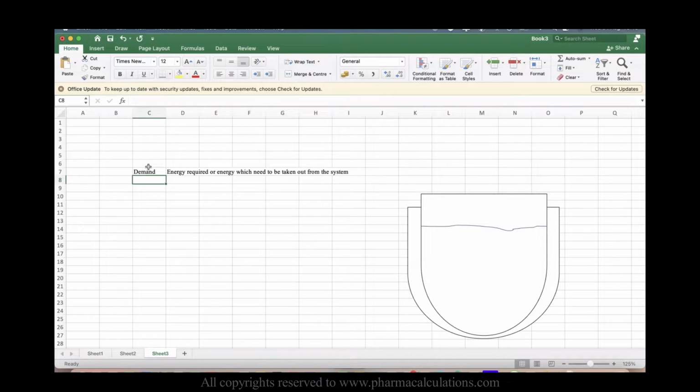The next one is the supply. Supply refers to the energy which is going to be transferred from the reactor jacket to the reaction mass. Whether you are going to supply energy to the reaction mass, or withdraw energy from the reaction mass, it is the supply.